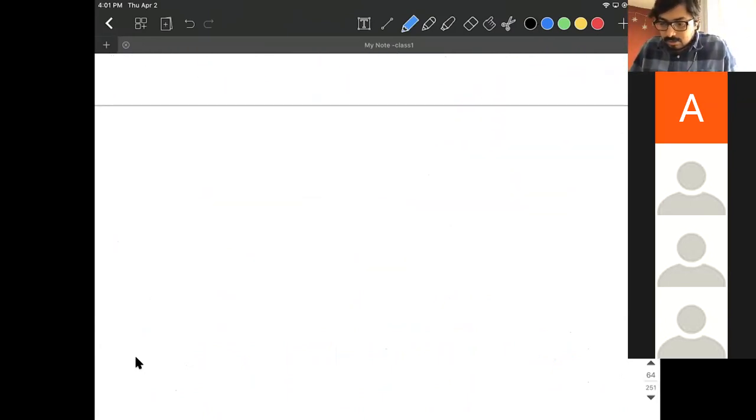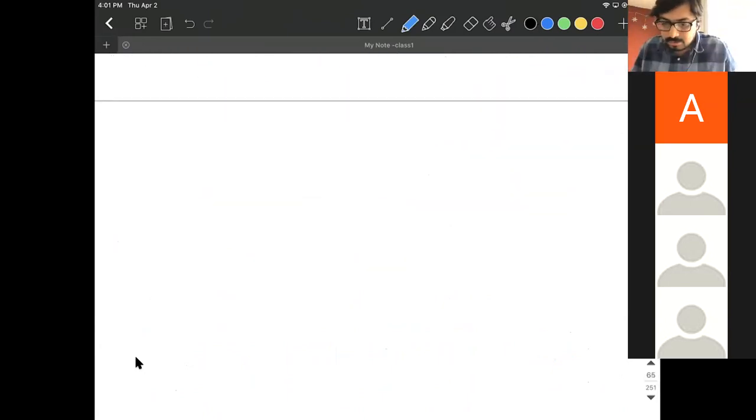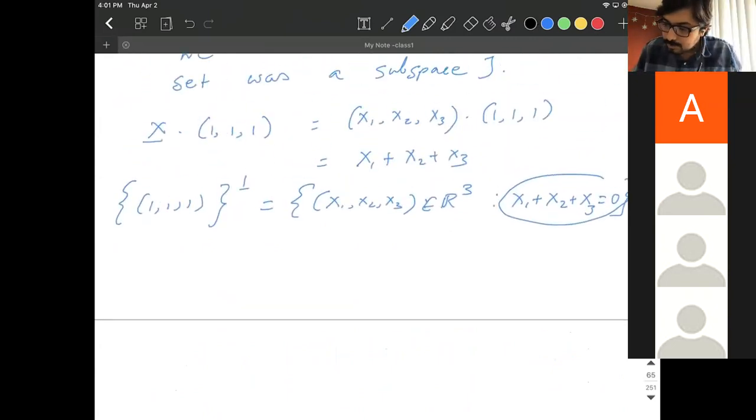Okay, so let's start today's class. So if you get to the point that this is the subspace, then the rest is just finding a spanning set of this subspace and figuring out that it's linearly independent. That would be a basis.